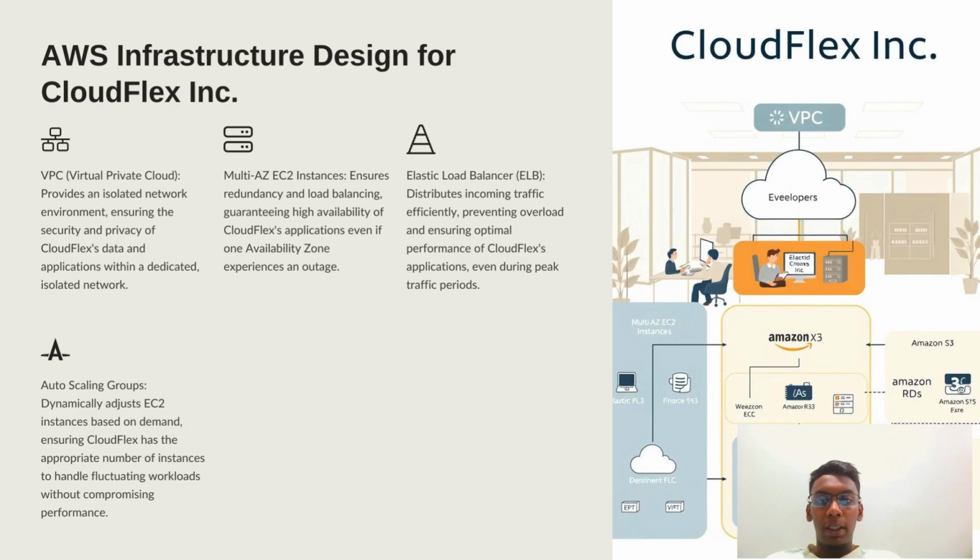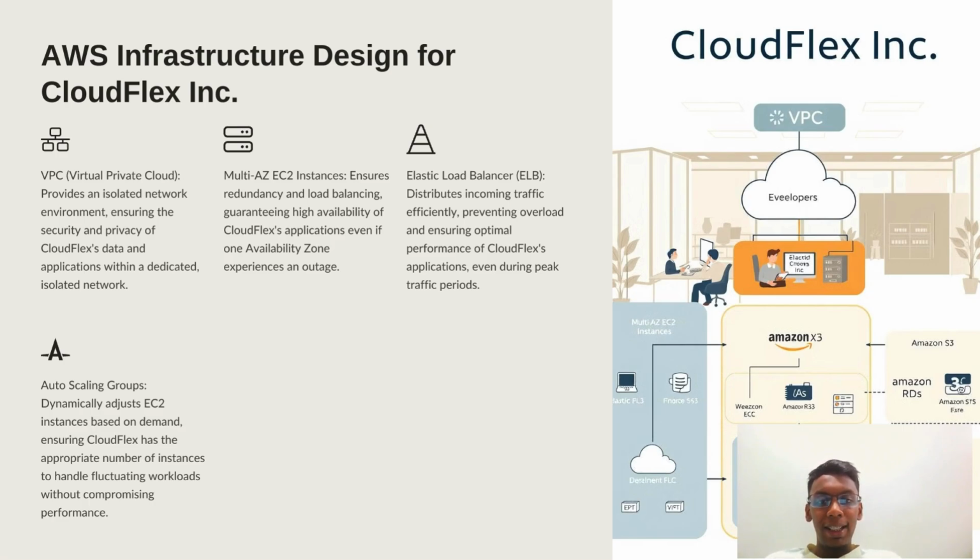Alright, in this slide, we'll be explaining the AWS infrastructure designed for CloudFlex Inc. First point is VPC, which is Virtual Private Cloud. This provides an isolated network environment ensuring the security and privacy of CloudFlex's data and applications within a dedicated isolated network. Secondly will be multi-AZ EC2 instances. This ensures redundancy and load balancing, guaranteeing high availability of CloudFlex applications even if one availability zone experiences an outage.